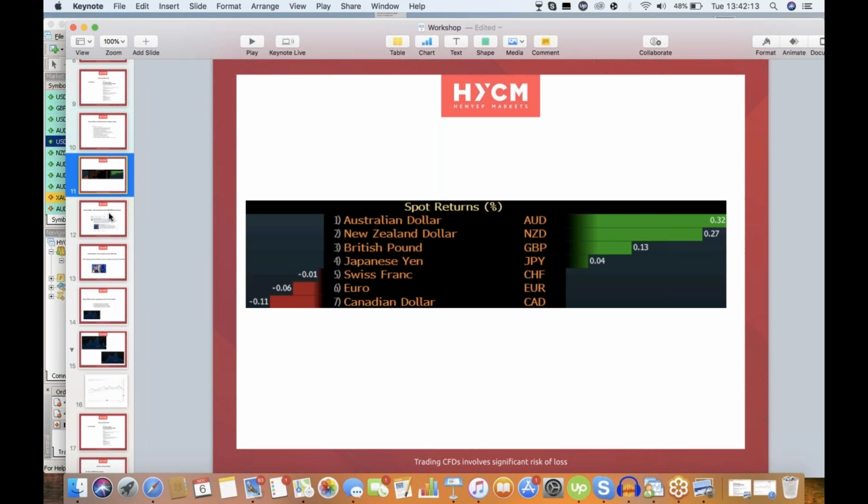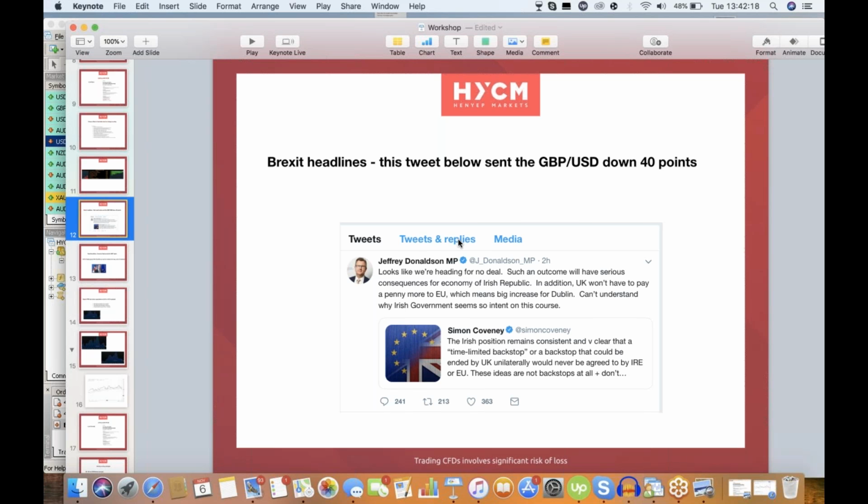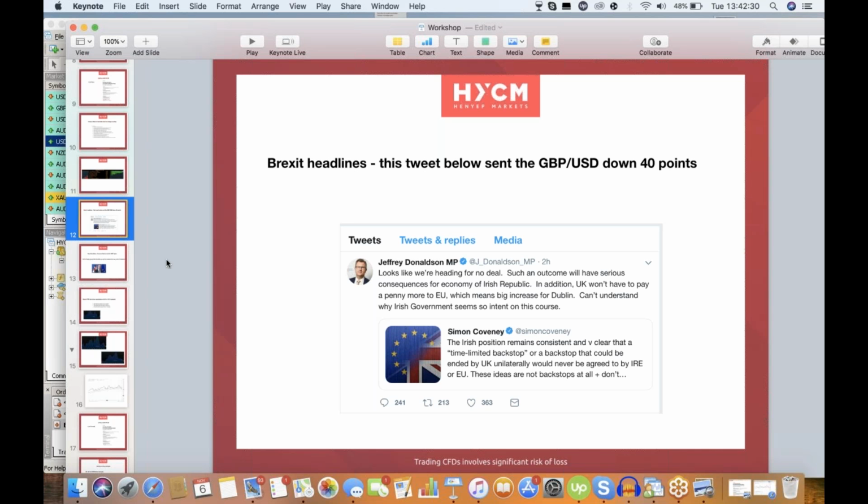We saw the pound was being gently bid as well, and the reason for that, we've covered this in the FX week ahead a number of times, is that there are so many different headlines about Brexit. Pound up, pound down on different headlines. We've just seen exactly the same today.